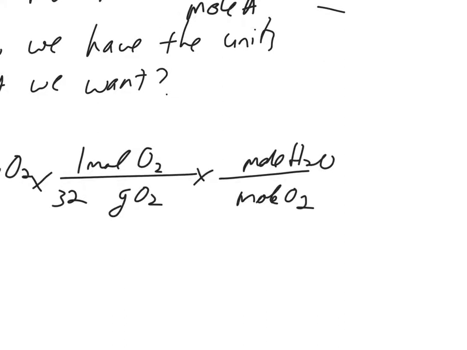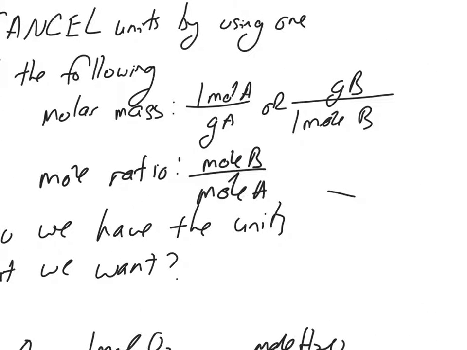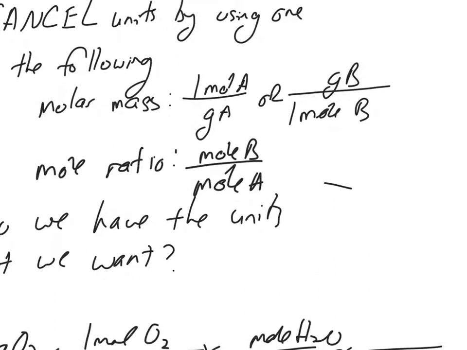And if you follow the rule of canceling, you'll recognize that you have to continue by putting moles of H2O on the bottom, and looking back at the directions, which one of those expressions can I use? It looks to me like I would want to use, already used that one.